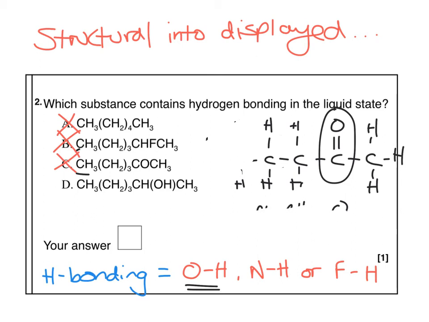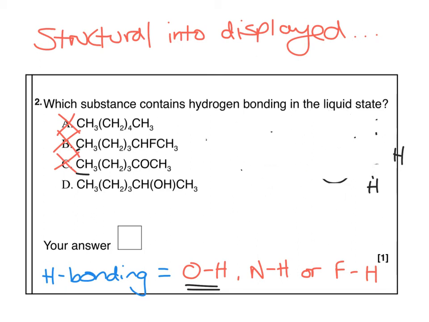Okay, so the last one, we've got a whole load of brackets. We've got our brackets for the alkyl, so the CH2s. So we've got 1, 2, 3, 4, 5, 6 carbons again.